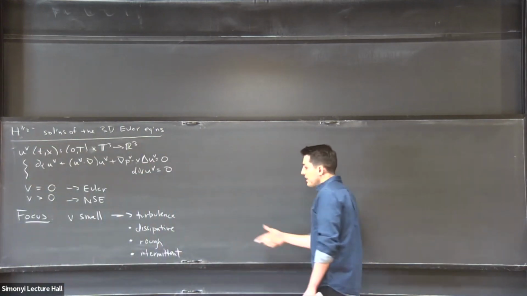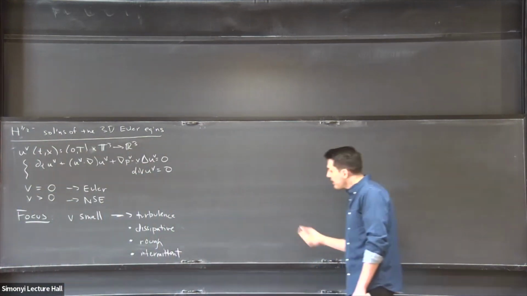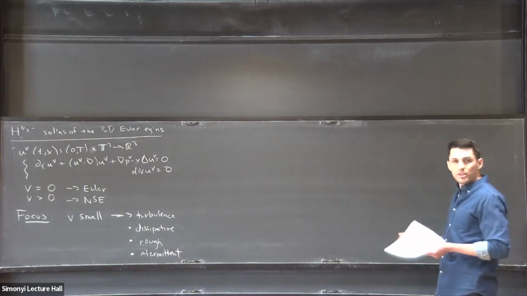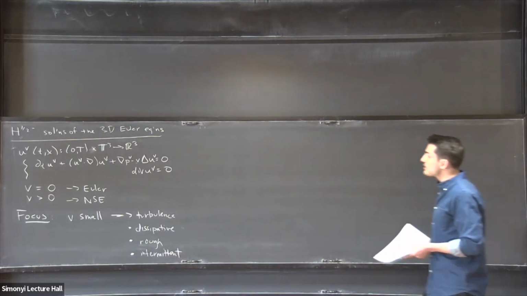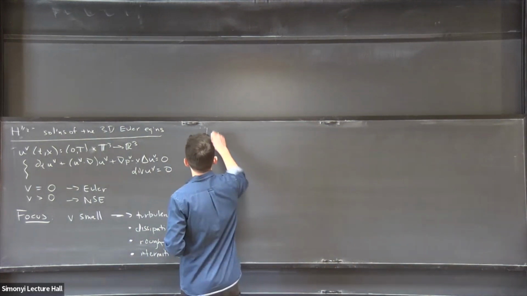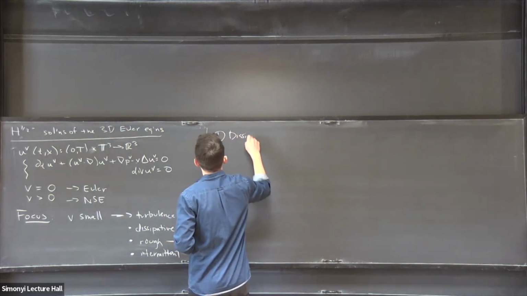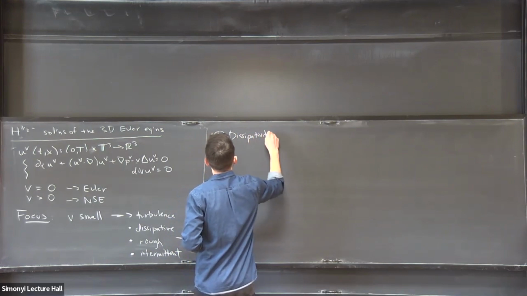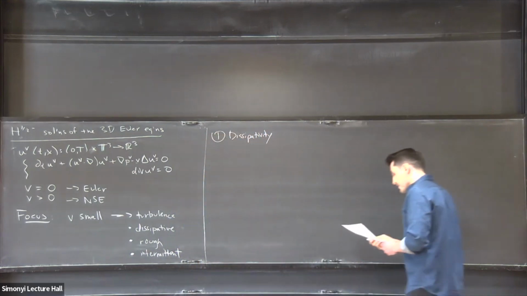All right, so let me tell you what I mean by each of these properties so that we know what to look for in our solutions of the Euler equations. All right, let's start with dissipativity.